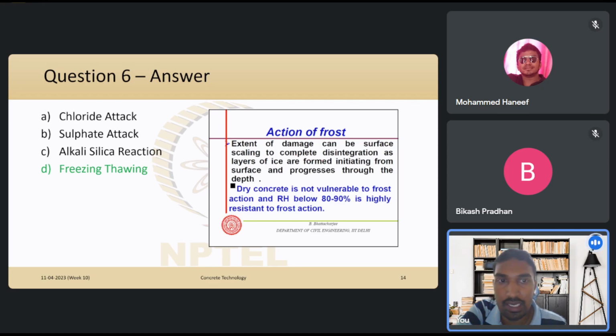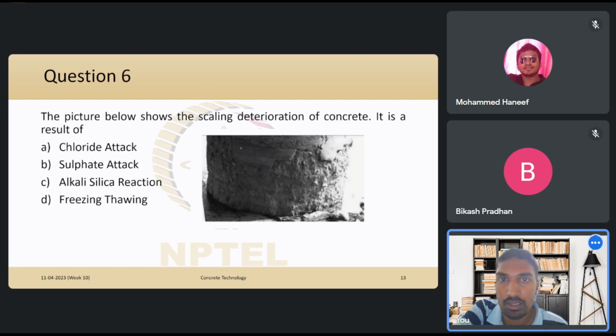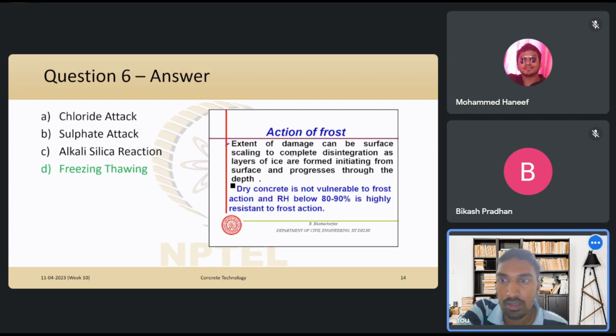It will start from the surface and then keep progressing towards the depths of the concrete system. So here we are looking at the effect we see from freezing and thawing, which is scaling. Therefore the right option is D, freezing and thawing.